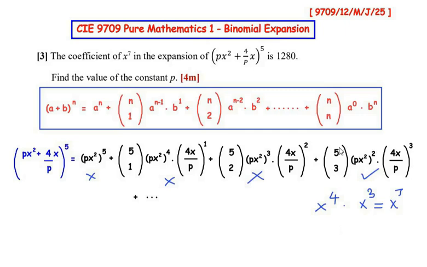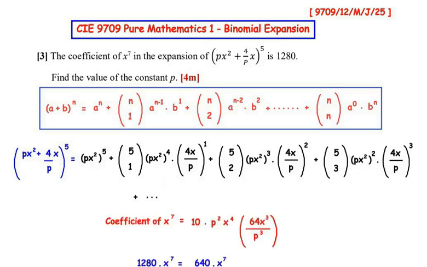Here we have to take the coefficient of x to the power of 7 and equate it to 1280. So here we have written coefficient of x to the power of 7 is equal to, now 5C3 gives us the value as 10. Distributing these powers to this bracket, we get p² times x⁴ times 4³, which gives us 64, times x³ over p³.